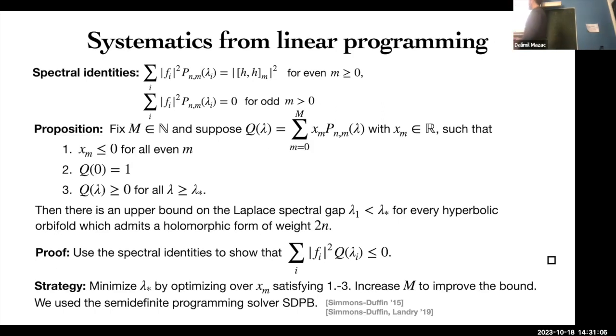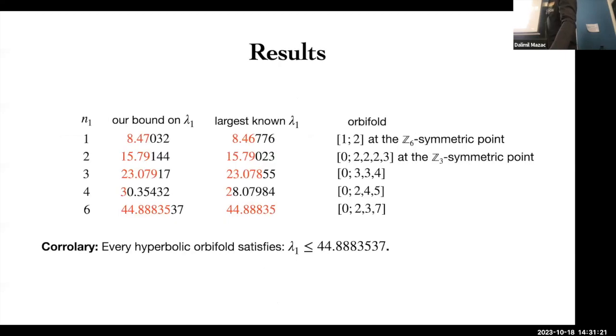And now the task is just to scan over the values of these x's to optimize the bounds, and this we did using SDPB, which was developed by conformal bootstrapper David Simmons-Duffin. And here are the systematically improved results, and you can see that these bootstrap upper bounds get quite close to the experimental data, 8.47 compared to 8.46, for example, for n equals 1, and for n equals 6, it's super close, to 7 significant digits.